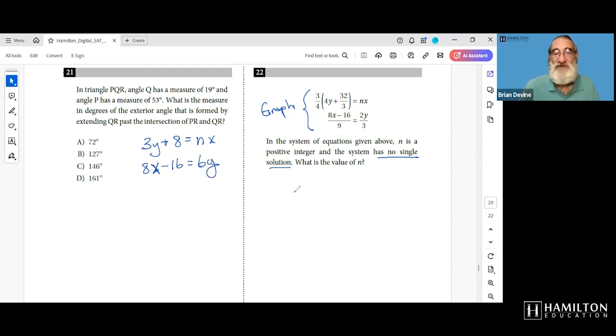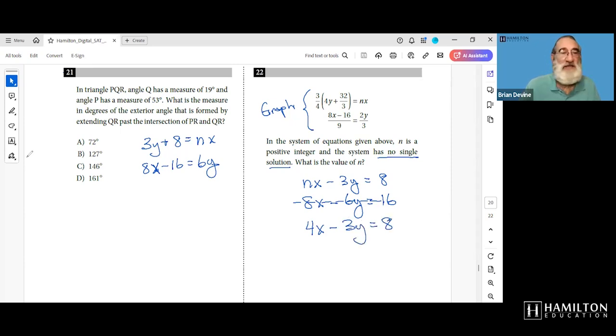Now I can take that and put it into standard form, line them up. So nx minus 3y would have to be 8, and 8x minus 6y would have to be 16. And I do note that I can rewrite the second equation then, dividing everything by 2, as 4x minus 3y would have to equal 8.